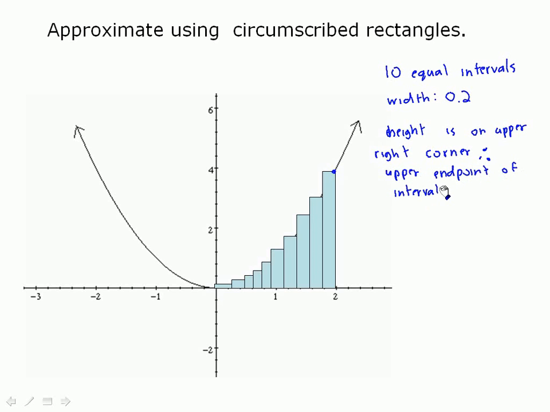Now, we can deal with that. It just means then that the height for each of these, like for the very last one, is going to be f at 2. And the very first one is going to be f at 0.2. So the intervals are going to be looking like they did before, 0 to 0.2, and then 0.2 to 0.4, and then, etc. like that.